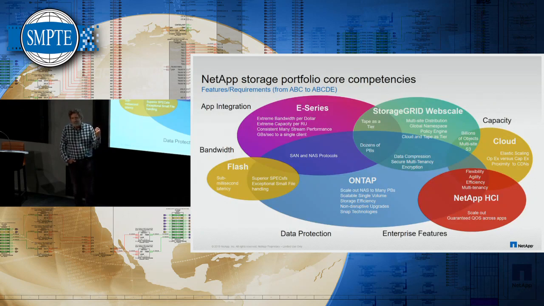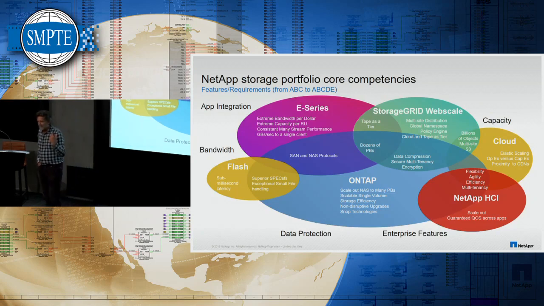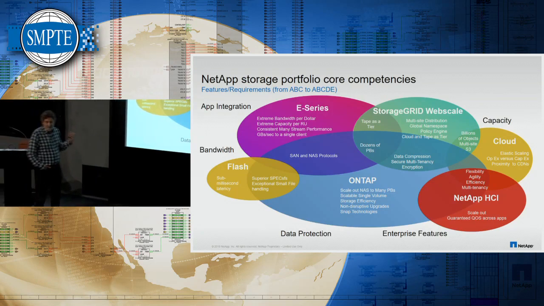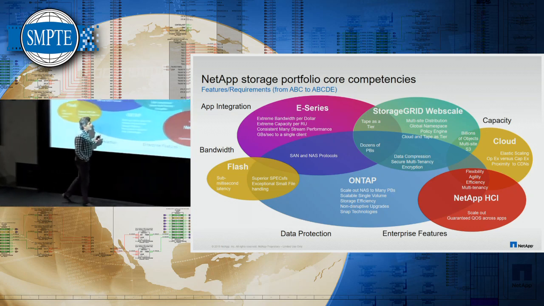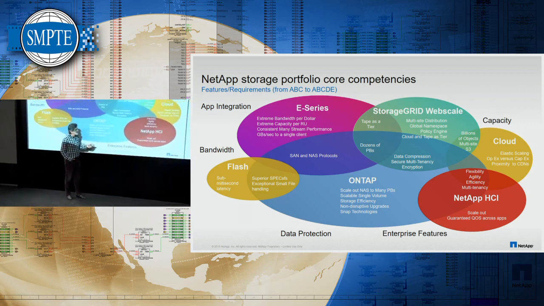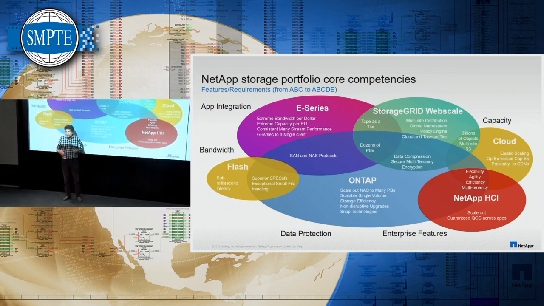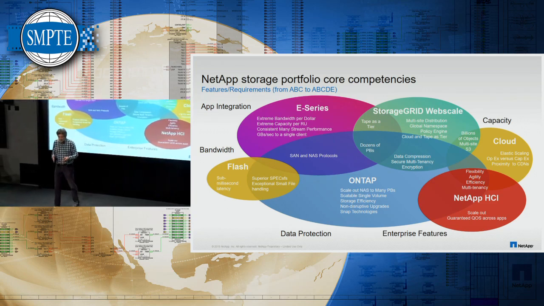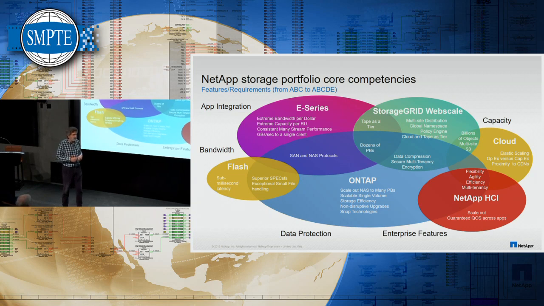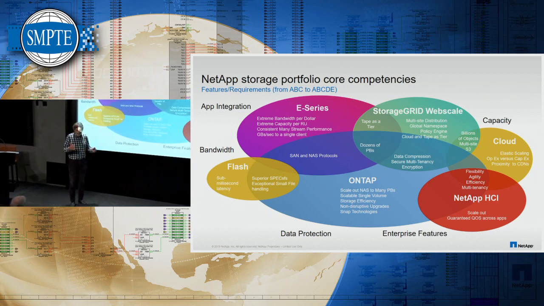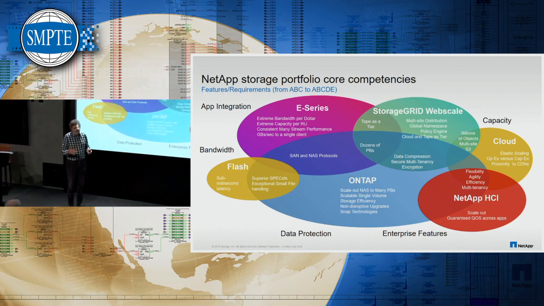I love showing this to engineers because I can't show it to non-engineers because it's a Venn diagram and it's too complicated for them. But when I got to NetApp 8 years ago or so, it was a one-product company, or it had been a one-product company for over 15 years, and they had just purchased E-Series from LSI Logic, and E-Series was a different platform, a different beast, a horse of a different color.